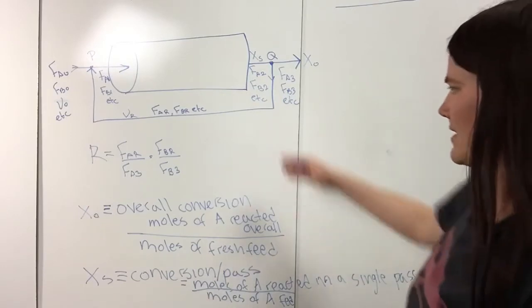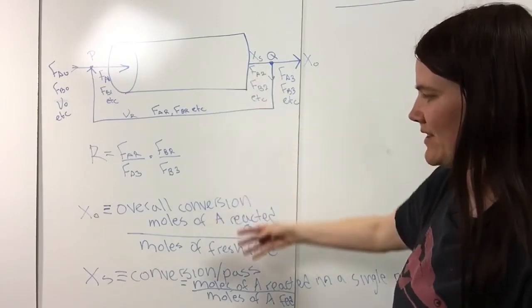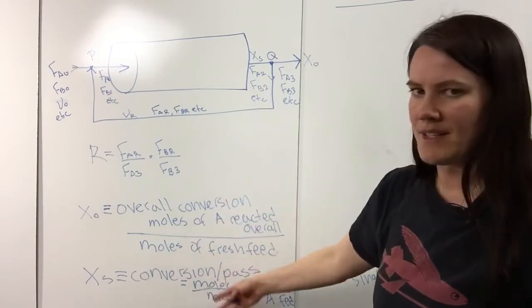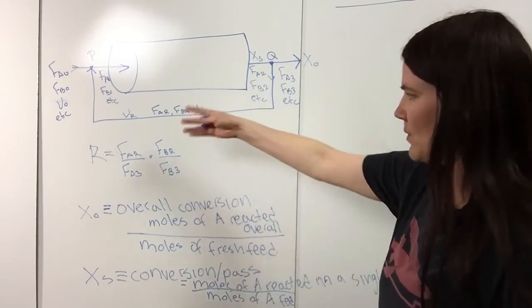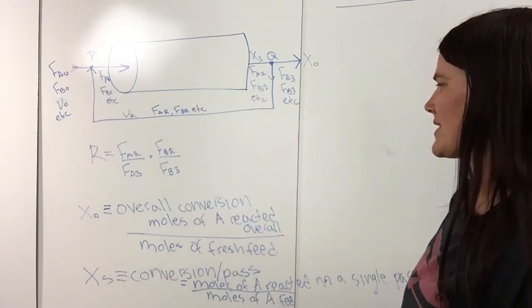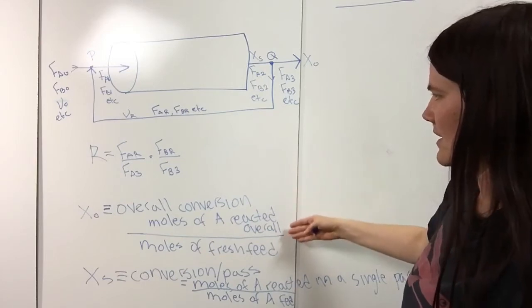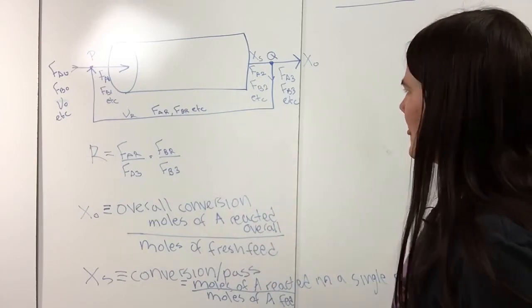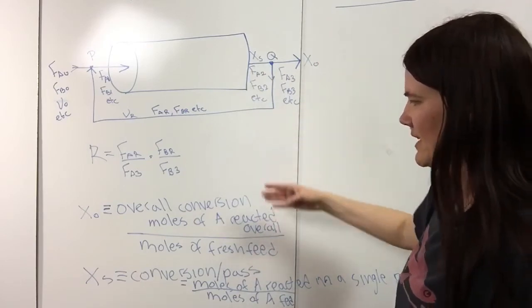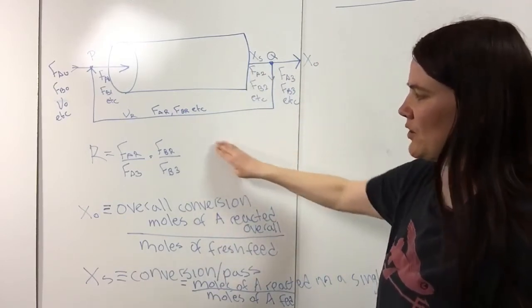Part of analyzing this reactor is, first of all, defining these different things, because there's more going on here than what we've been looking at in the previous reactors. We need to look at how much is reacted here and what the overall reaction is, looking at this recycle parameter.